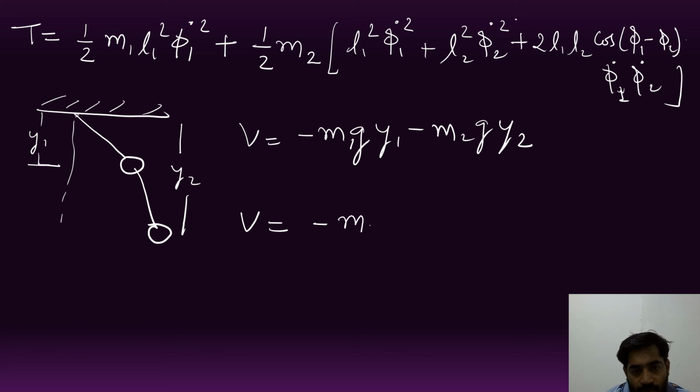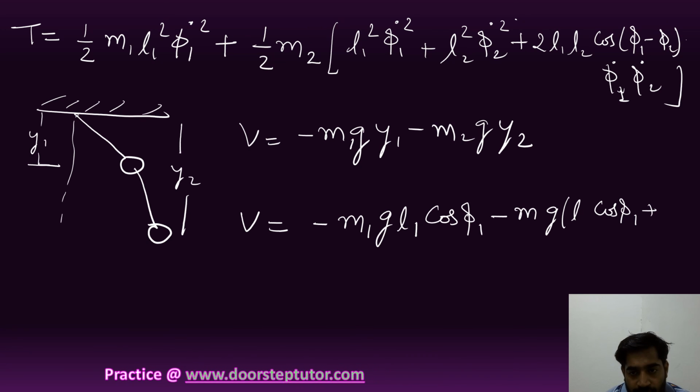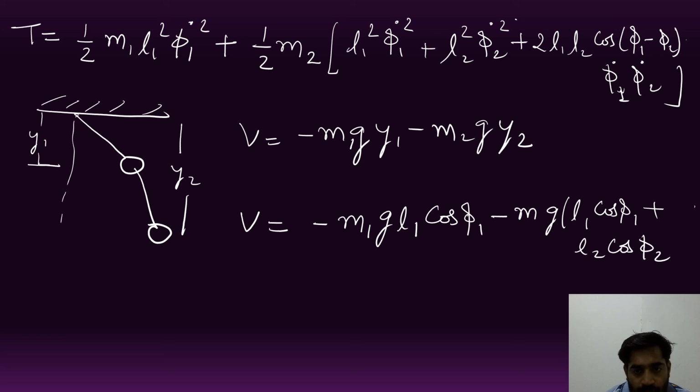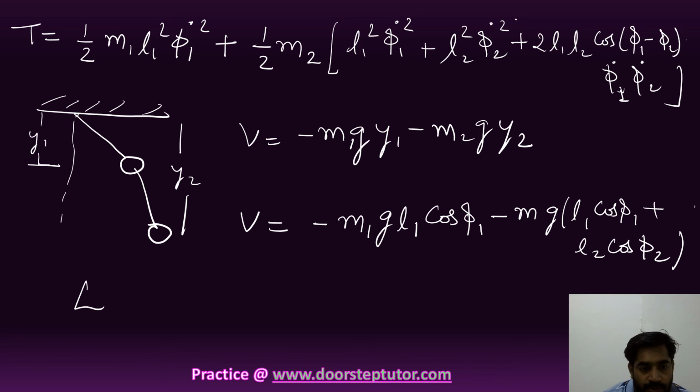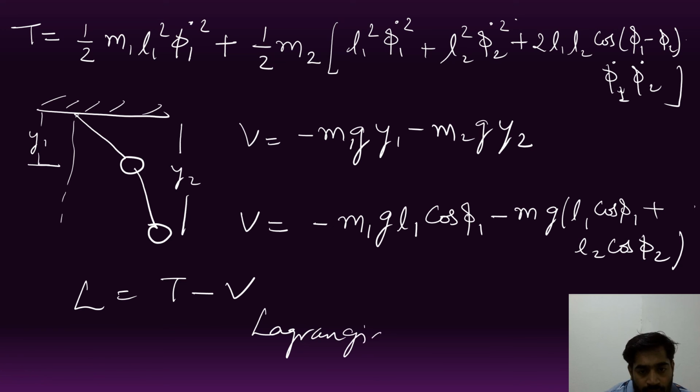So minus m1 g L1 cos phi1, minus m2 g times y2, which is L1 cos phi1 plus L2 cos phi2. So these are T and V, and just putting the values in T minus V, we get the Lagrangian equation.